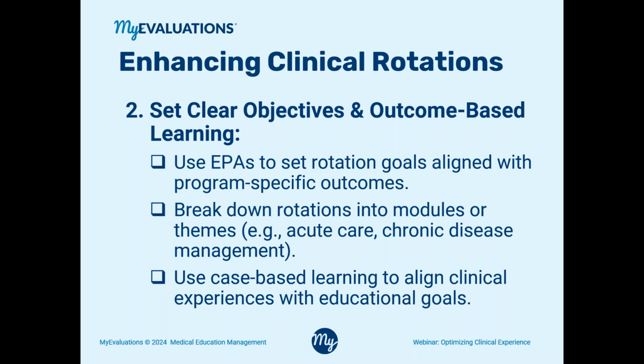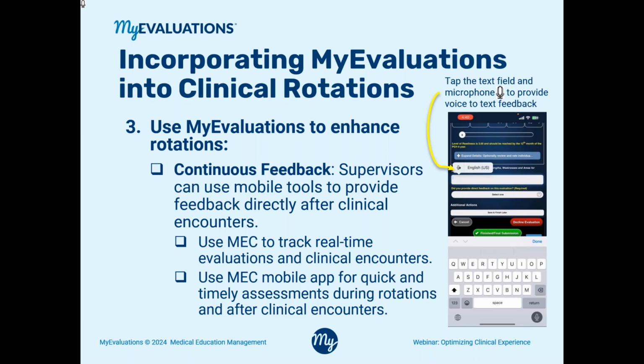The third component is in terms of incorporating all this, one idea here is how to use the system to enhance those rotations by providing continuous feedback. So this component of continuous feedback is a really very critical component of assessments, where we want faculty who are interacting with residents not just to give them an evaluation 2 months later.